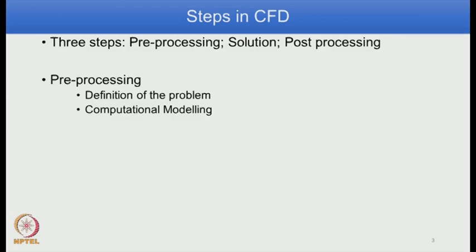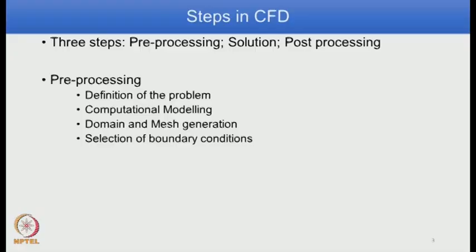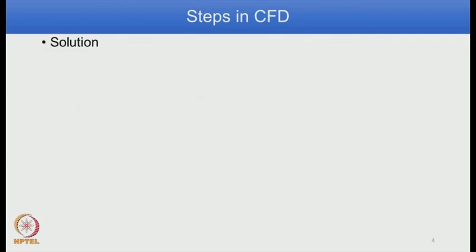We can simplify the physical problem and do a modeling, then decide the domain, how much it should go in x direction, how far it should take in other directions, then decide the type of mesh, choice of boundary condition depending on the problem, and in solution we decide the discretization methods.